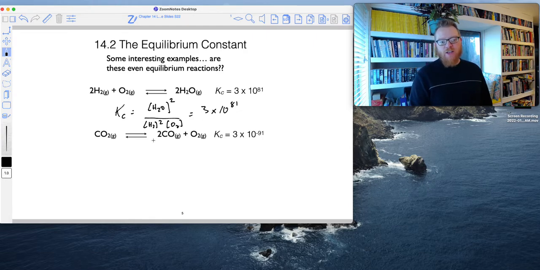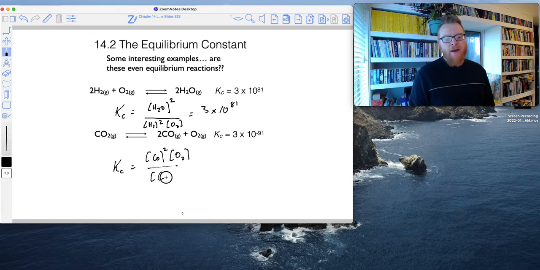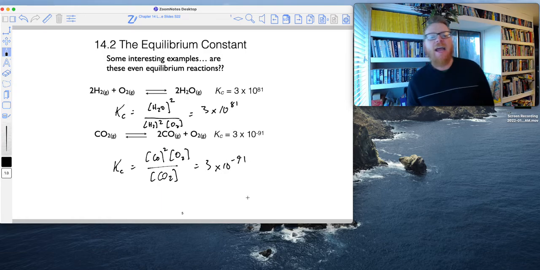Let's do this other reaction. So Kc for this reaction now. We've got CO on the right-hand side, and there's a balanced stoichiometric coefficient of 2, so we're going to say CO squared times O2, all divided by CO2. And you notice here that that all equals about 3 times 10 to the minus 91.